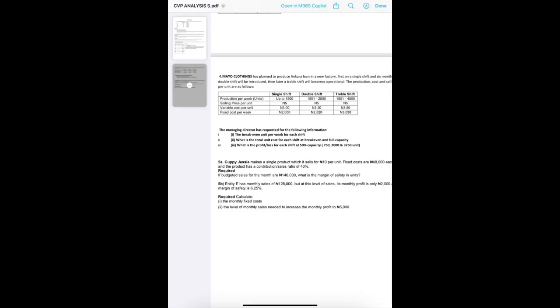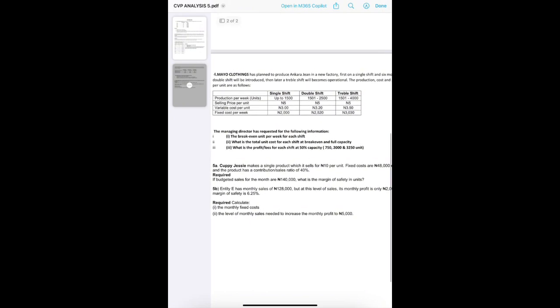The 50% capacity is now 750, 2000, 3250 units as specified by the examiner. So you are not expected to change this. If you look at the full capacity for single shift, you have 1,500, and 50% of it is supposed to be 750.